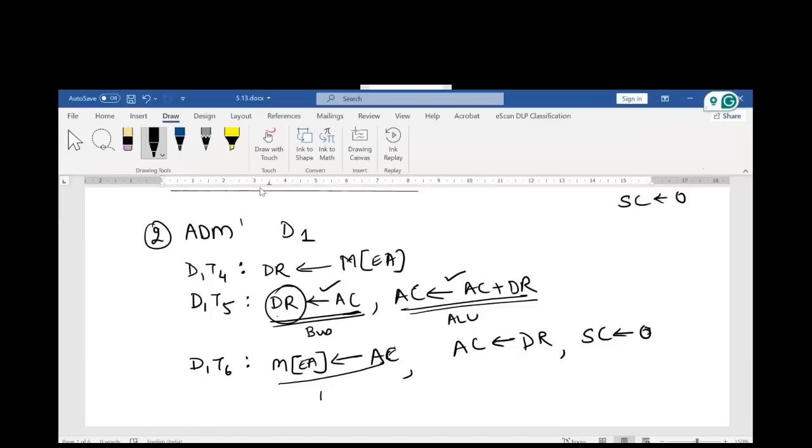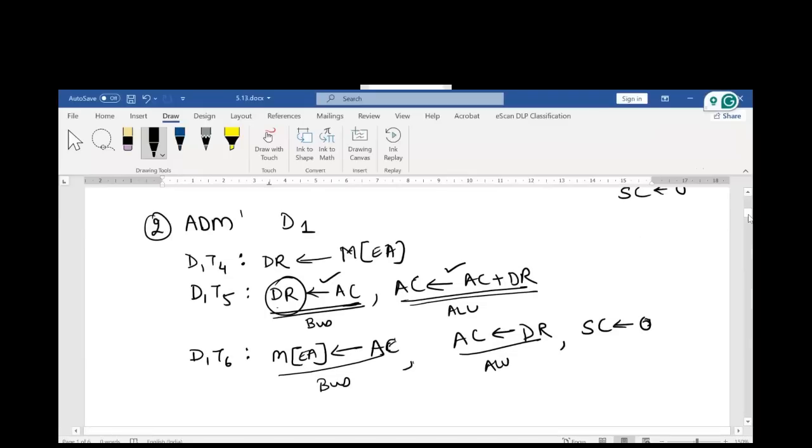This will take place through the bus, and this will take place in the ALU, a transfer operation. So both steps can be done simultaneously. I will not have to take another clock pulse for this transferring task. Now let us see the third instruction.